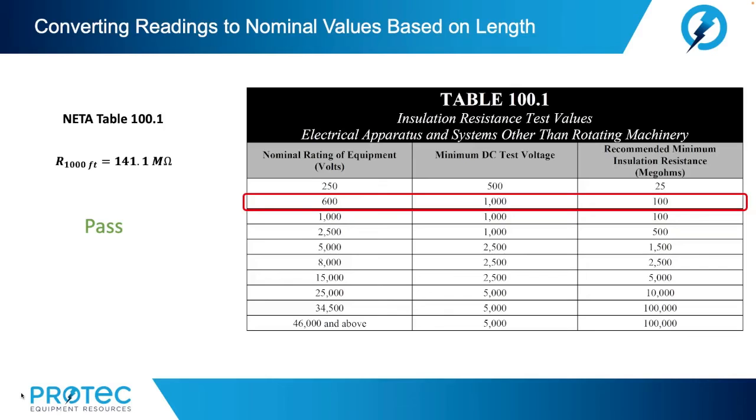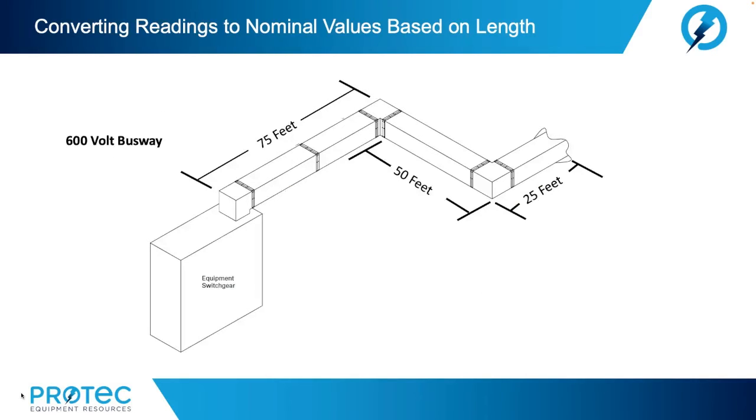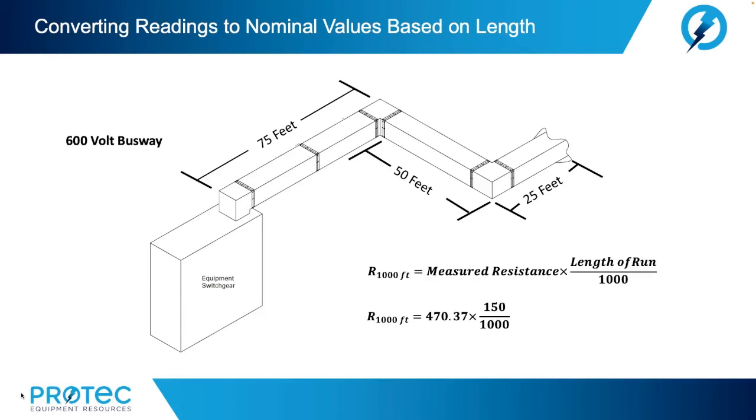However, let's take the same measurement, but with different lengths. So what if, rather than the previous length of 300 foot, what if this was actually shorter? 75 feet, 50 feet, 25 feet. Well, again, we go through the same mathematics, the same correction factor. So here we would have the 470.37 times 150 combined feet divided by the 1,000 feet for our correction factor.